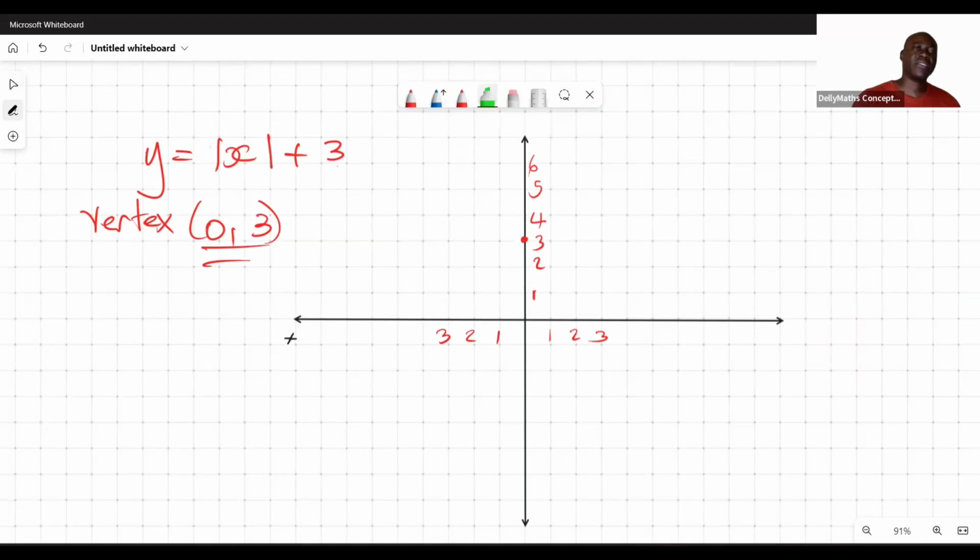If you look here, there's no number here, which means that there's a number 1. So I'm going to say 1 over 1 to help us to navigate. So we're going to go up 1 across to the right, up 1 across to the left. So 1 over 1, rise to the right, and then rise to the left.